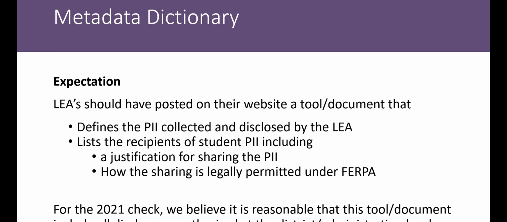And we recognize that, depending on all the data sharing happening in your LEA, this could be a massive undertaking, especially if teachers are doing stuff without telling you. So we believe it's reasonable that by October, when we check it this year, any disclosures that you are aware of, we're basically saying at the district level, and if it's a charter school, things that have been approved at the administration level.